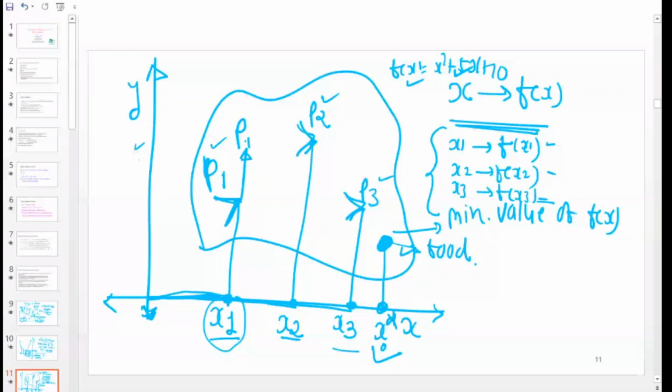Let us say this was the original position at the 0th iteration, so I put P1 superscript 0. All the optimization methods are iterative methods, and in every iteration we will update the solution. We will update the value of x so that the function value gets better and better, meaning the function value gets minimum and minimum in every iteration.